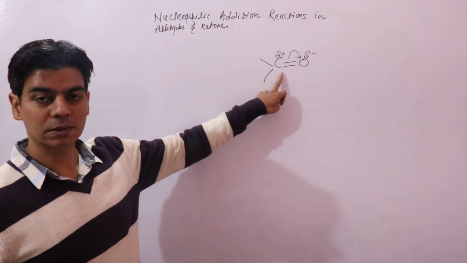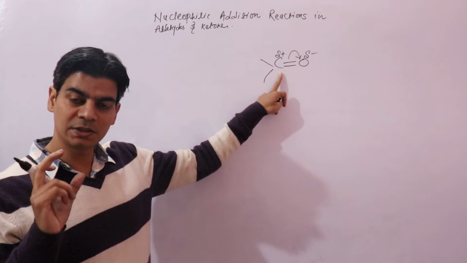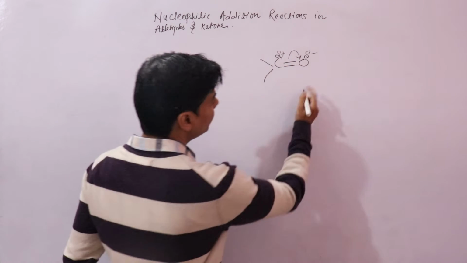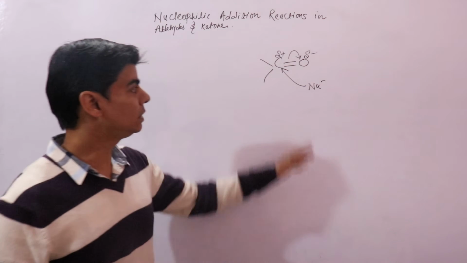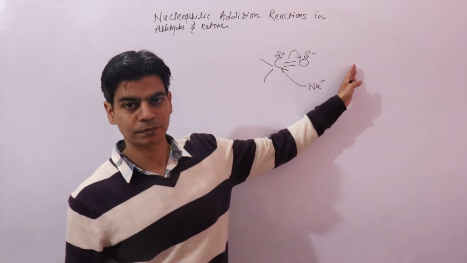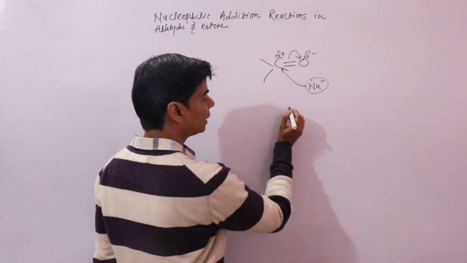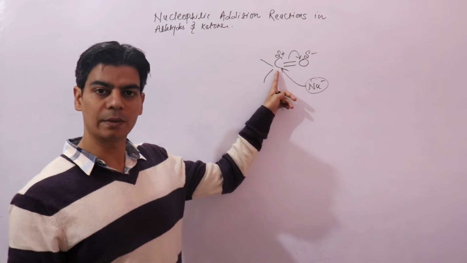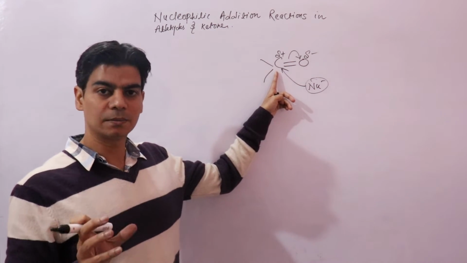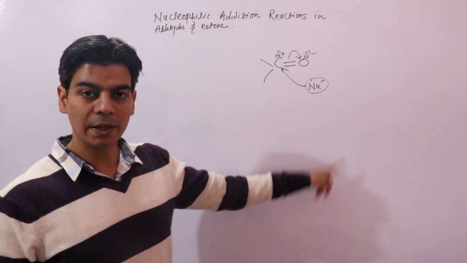Now we know that the carbonyl carbon is a positive site where nucleophiles will attack, right, to form addition products. So nucleophiles will attack at the carbonyl carbon.